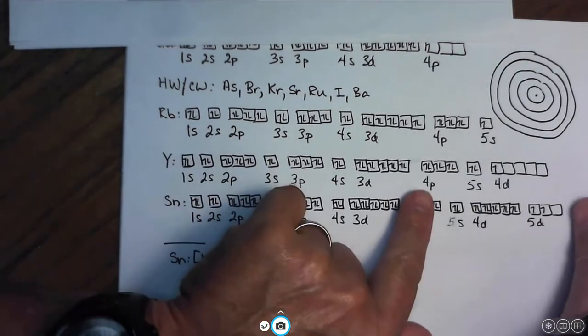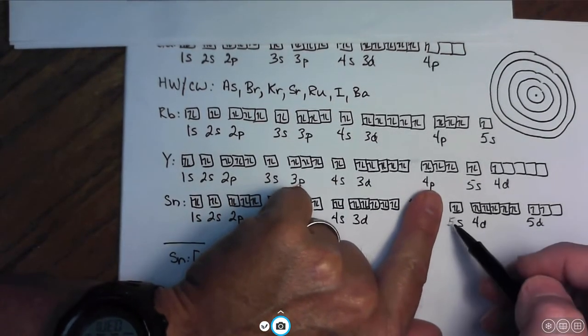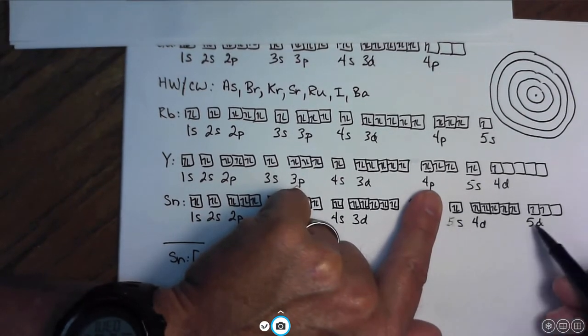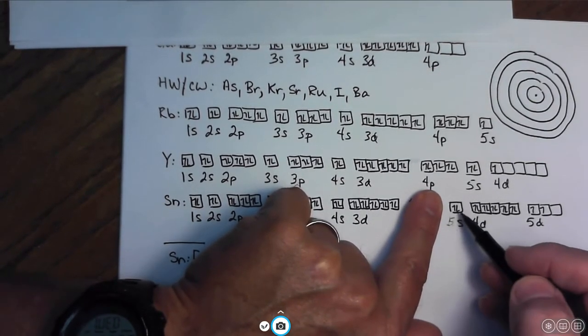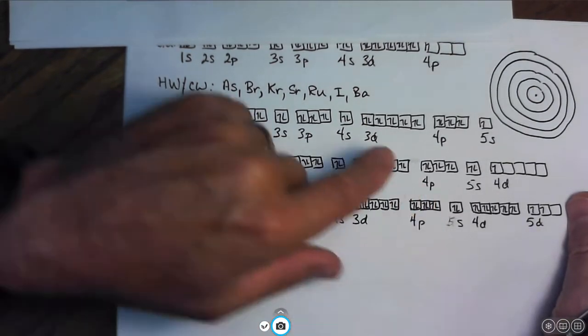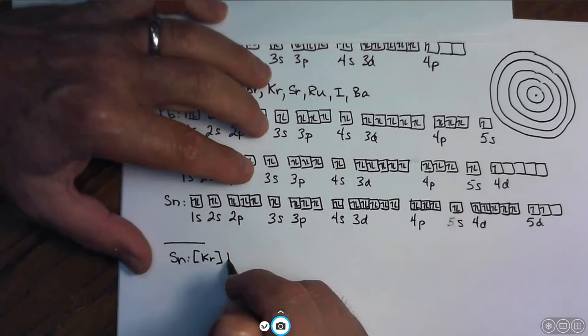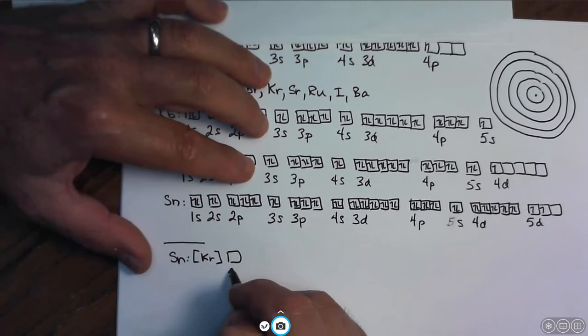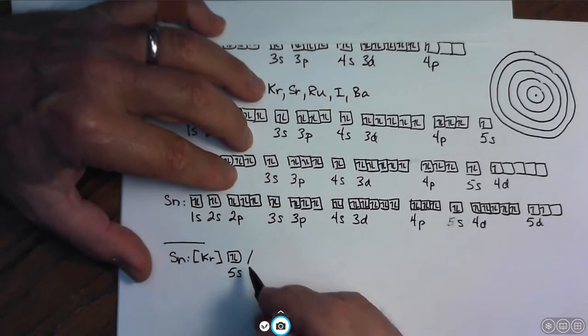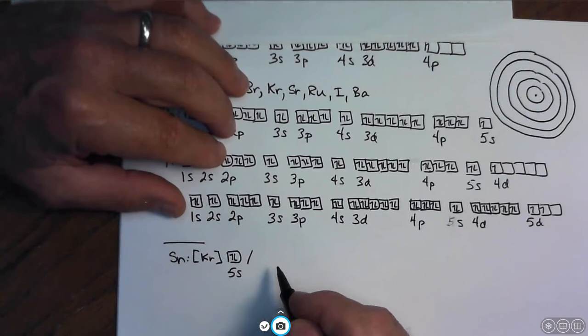So we only need the highest energy level. In this case, the highest energy level is 5s and d. The fifth level is the highest primary energy level. S electrons and d electrons will always be in the highest level. So we're going to put 5s like this. And we're going to skip 4D. I need to show that it's there by just putting a dash here, or a forward slash.